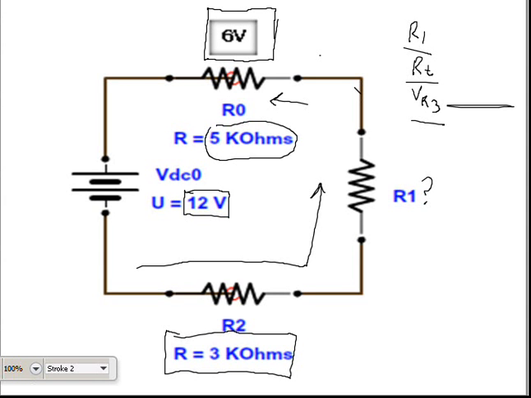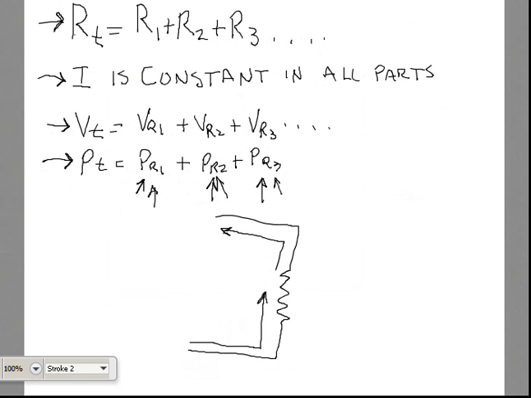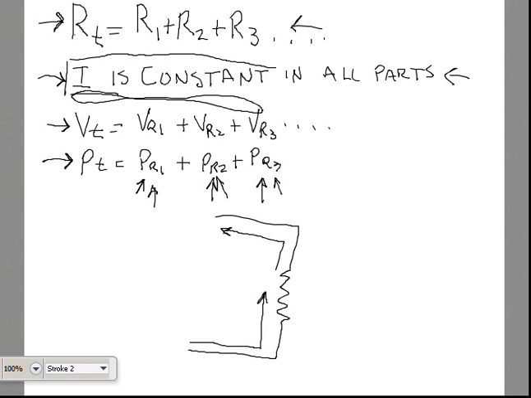Now let's back up a slide and review these characteristics again. Resistance is the total of all the resistances. Current is constant. Now this is a big hint right here. That is one of the most important characteristics we've got. Current is constant.